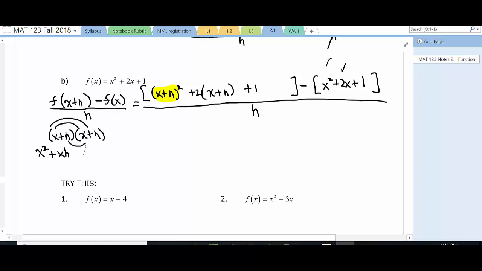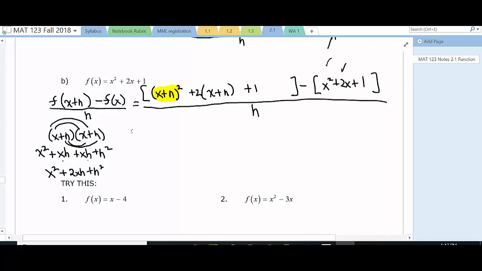The inside term is another xh. It doesn't matter what order you put that in; you can say hx or xh, the same thing. And the last term, h times h, is h squared. These are like terms, so you have 1 plus 1 of those. So you have x squared plus 2xh plus h squared. I just FOILed x plus h squared.